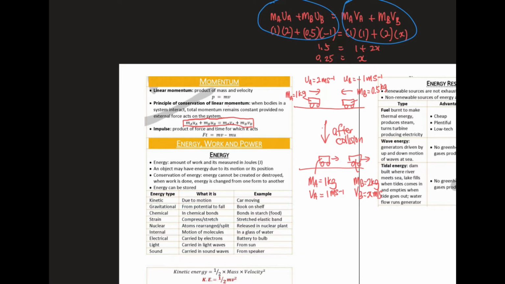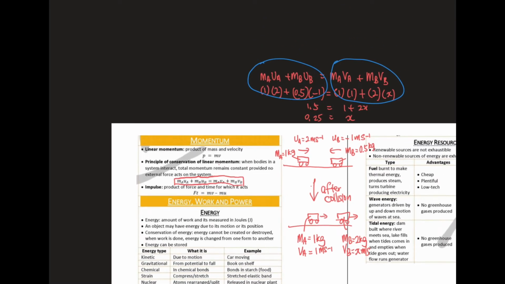Elastic collision is where after collision they move separately. This case is an elastic collision, as they move separately after collision.